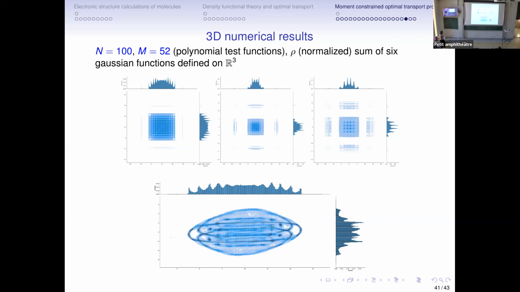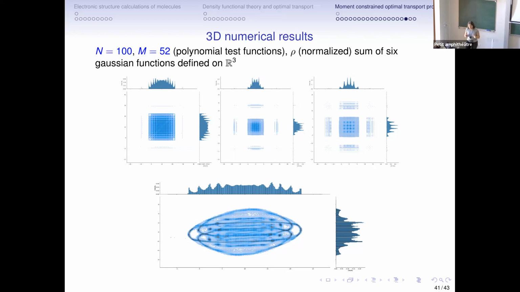What we can say is that we tried several runs of the algorithm with different initial guesses. And if you compare the different solutions that we obtain from each of these runs, in the Wasserstein distance they are quite close to one another. So this is reassuring, even though we cannot guarantee it from a theoretical point of view.